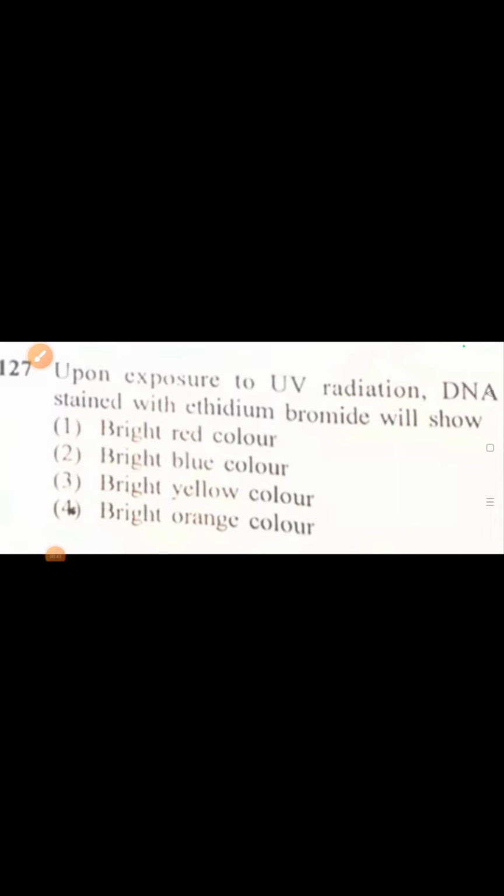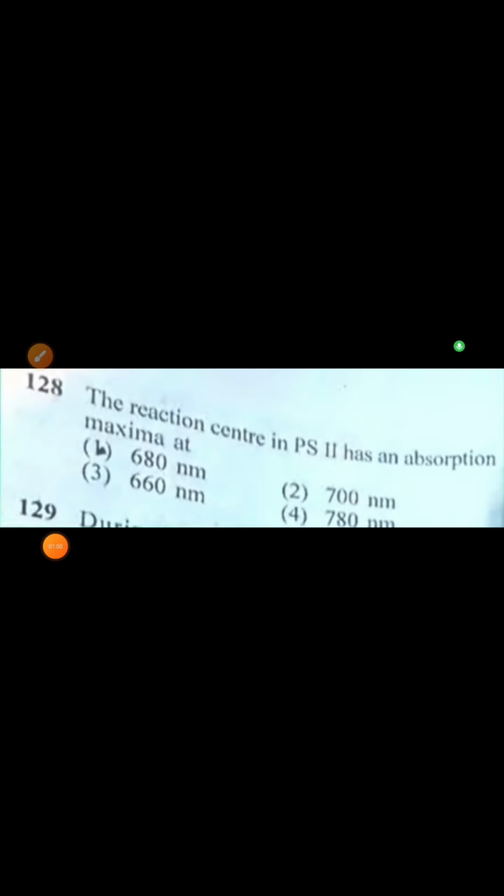Upon exposure to UV radiation, DNA stained with ethidium bromide will show a bright orange color. So the correct option is D. The reaction center in PS II has an absorption maxima at 680 nanometer and PS I is 700 nanometer.